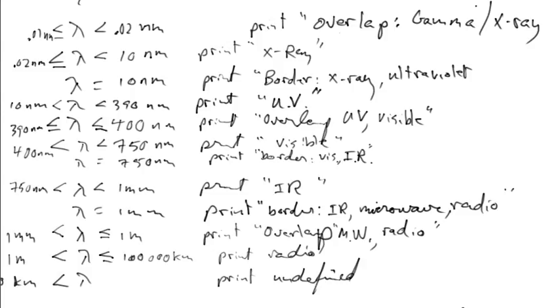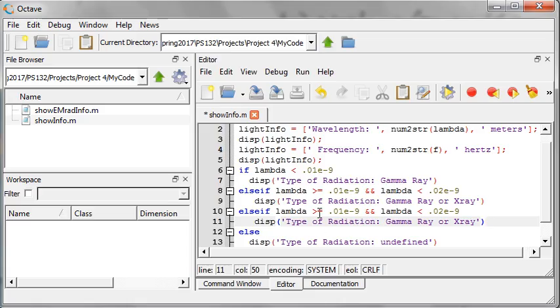Greater than or equal to, but less than 10 nanometers. So if it's greater than or equal to whatever this number is, and less than 10 nanometers, then it's X-ray.